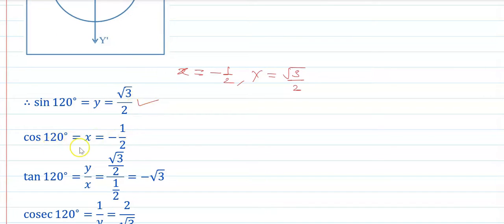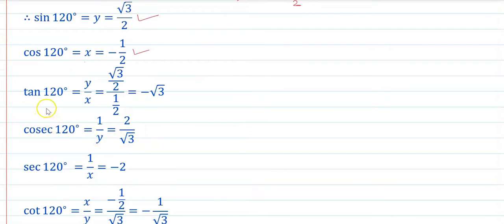Cos 120 is equal to x, that is minus 1 upon 2. Tan 120 is y upon x, that is root 3 upon 2 upon minus 1 upon 2, and hence the 2s get cancelled and overall you will get minus root 3.